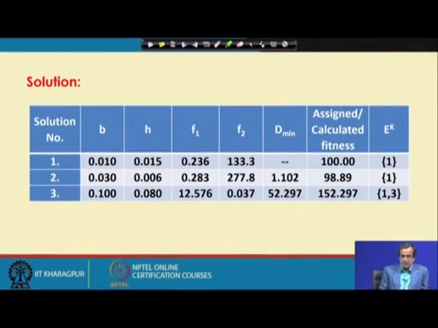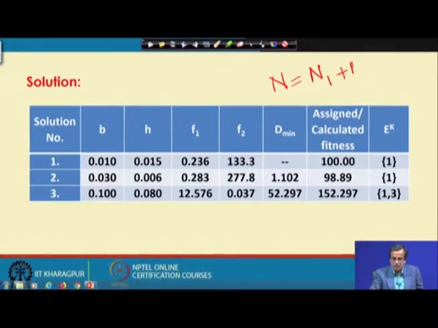Now, if we remember, we start with a population of solutions, and these solutions are generated at random. Supposing that the total population size is denoted by n, this population is divided into two subpopulations, that is n 1 and n 2.